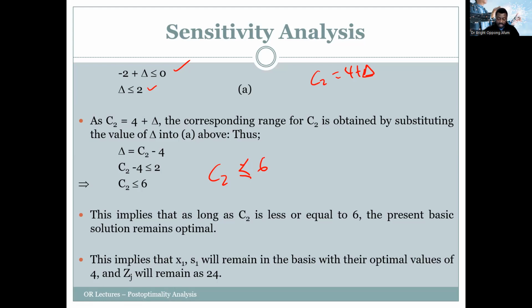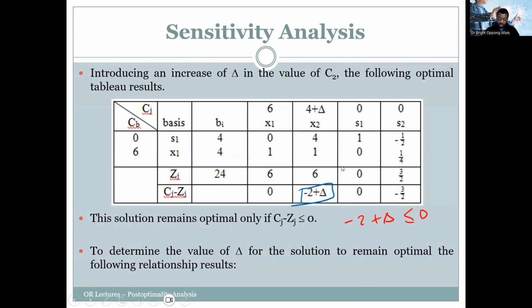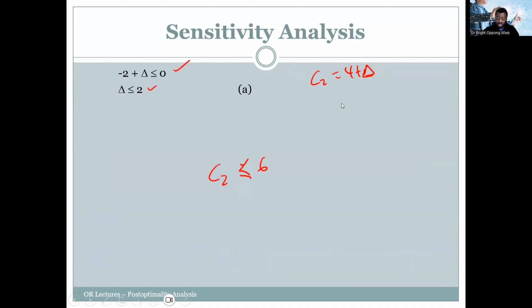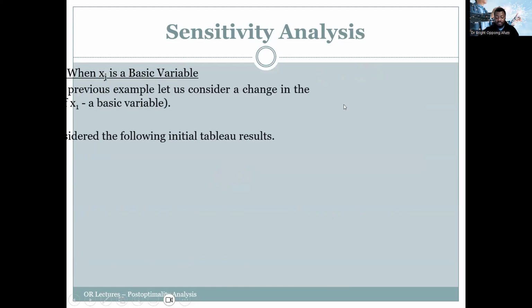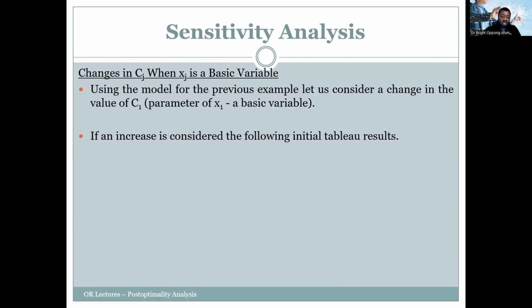So S1 will remain in the basis with its optimal value of 4, and ZJ will remain as 24. So 4, 24. And this one is S2. The S2 is the non-basis, so assuming the value changes, then it would affect the solution. That's what we mean here.